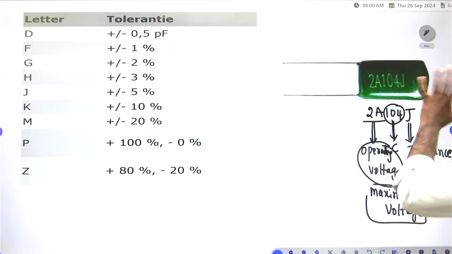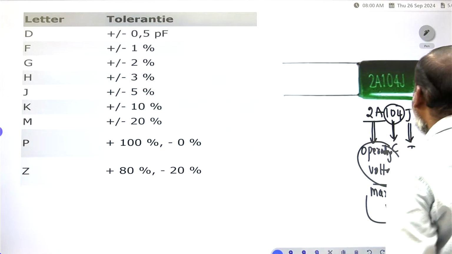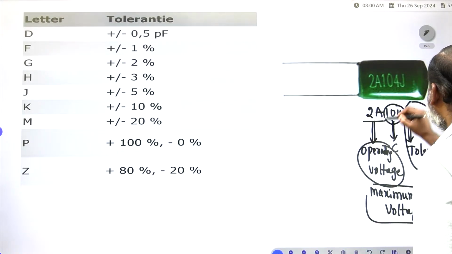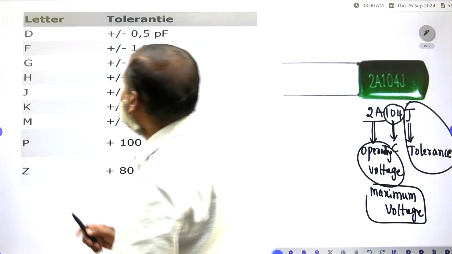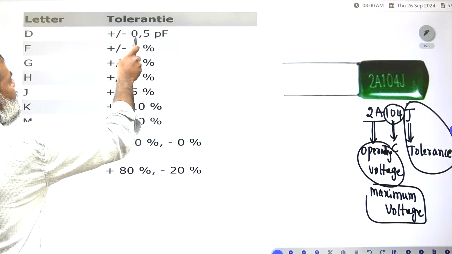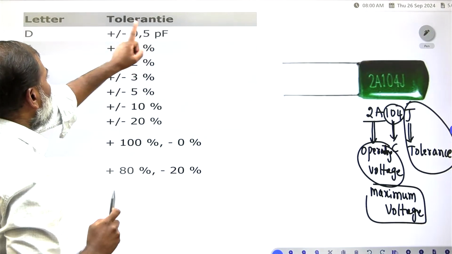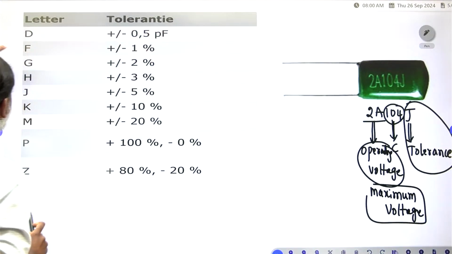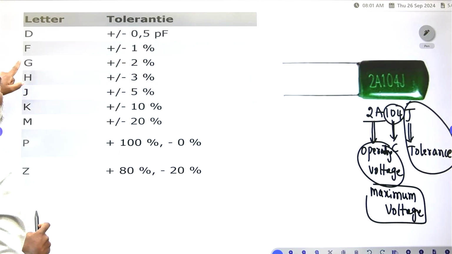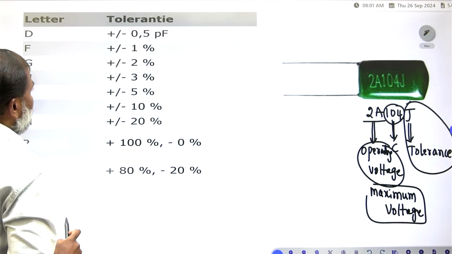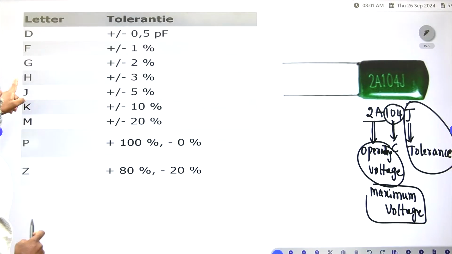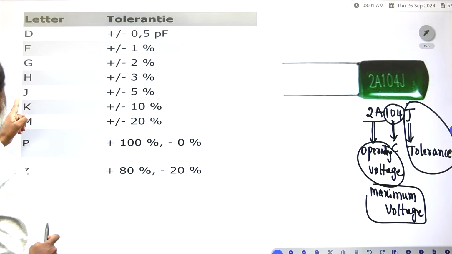Now 104, how do we calculate? We calculated already. Now we come to the tolerance. If the letter D is there, the tolerance is plus or minus 0.5 picofarad. If F is there, plus or minus 1%. If G, plus or minus 2%. If H, plus or minus 3%.